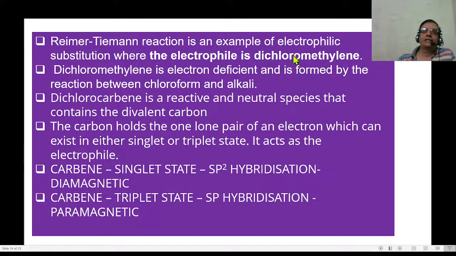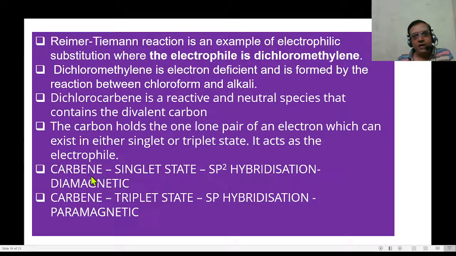The Reimer Tiemann reaction is an example of an electrophilic substitution reaction where the electrophile is dichloromethylene or dichlorocarbene. Dichloromethylene is electron deficient and is formed by the reaction of chloroform and base. Dichlorocarbene is a reactive and neutral species that contains a divalent carbon. The carbon holds a lone pair of electrons and can exist in a singlet or triplet state, and it acts as an electrophile.